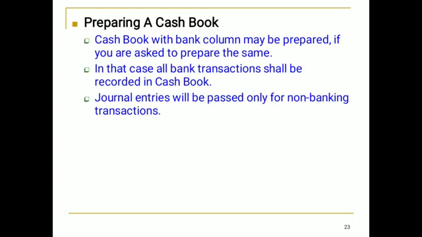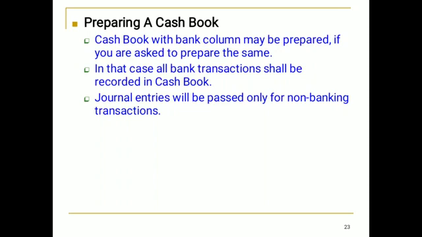And the second point says that all bank transactions shall be recorded in cash book, the cash book that you are preparing with the column of bank. Journal entries will be passed only for non-banking transactions.